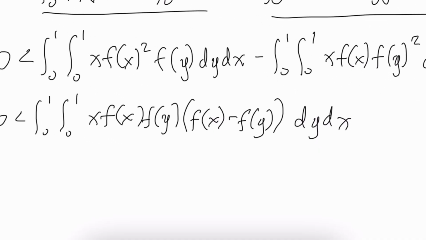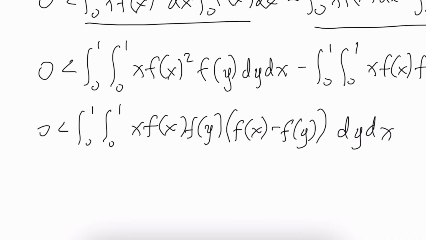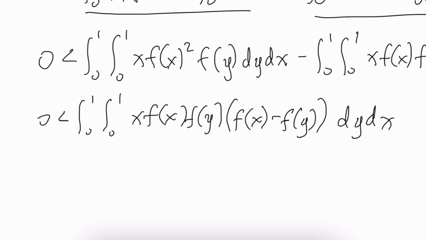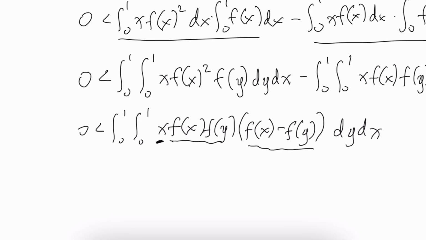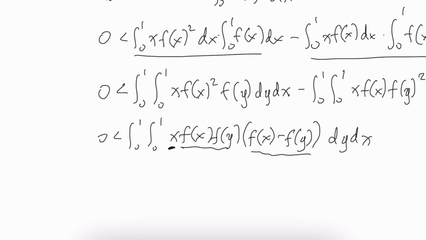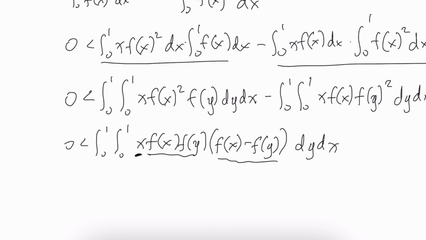And so this is what we want to show now. We see our expression inside is very close to being symmetric. We have an f of x, f of y, we have an f of x minus f of y, but we have this lonely x here. So we want to find some way to get an x minus y into this equation.